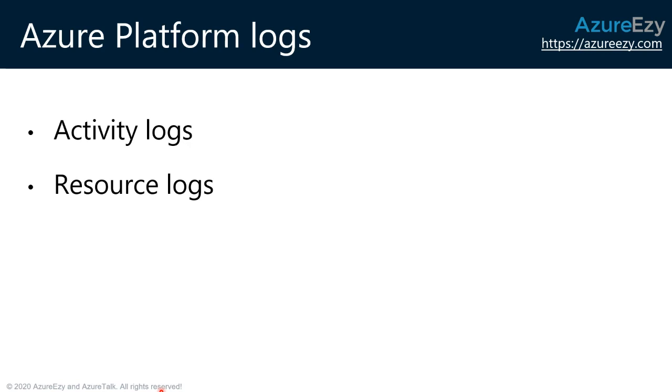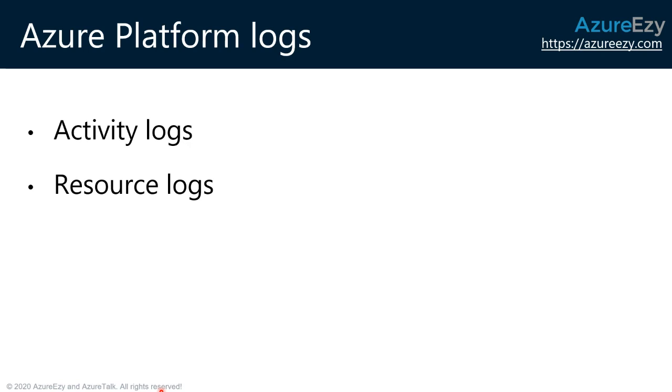So when you are dealing with Azure, you are dealing with these two major log types, and you have to create a strategy. You have to look at these two different types of logs and decide whether you want to keep them in a central place, in a single place, or divide these two logs and keep them in different places.